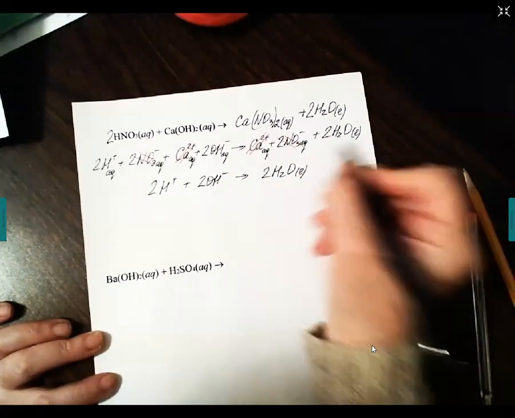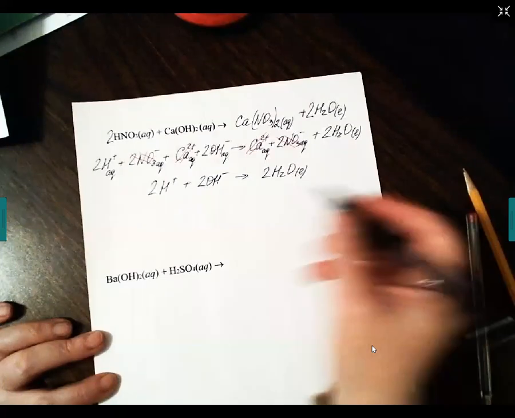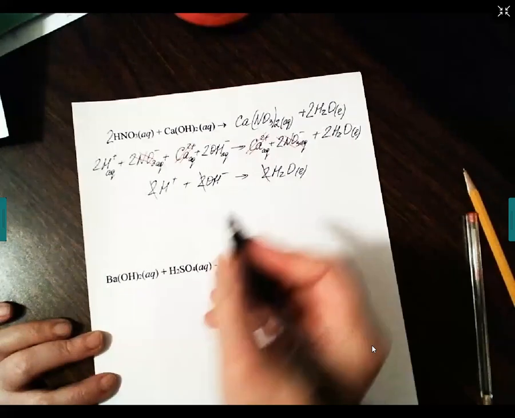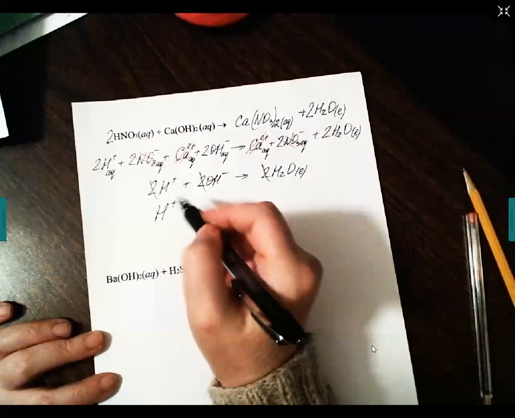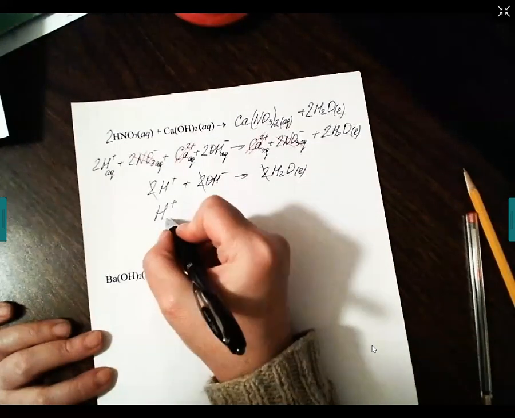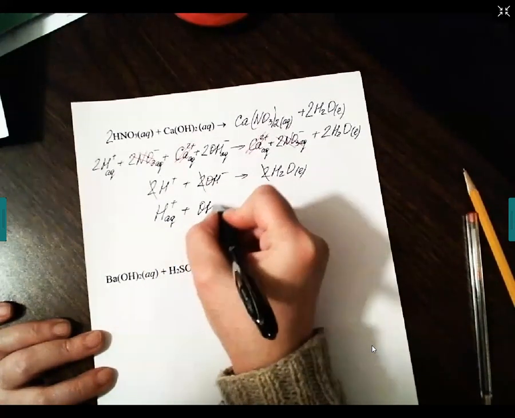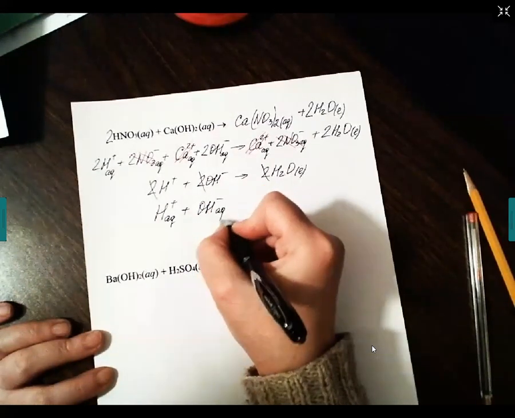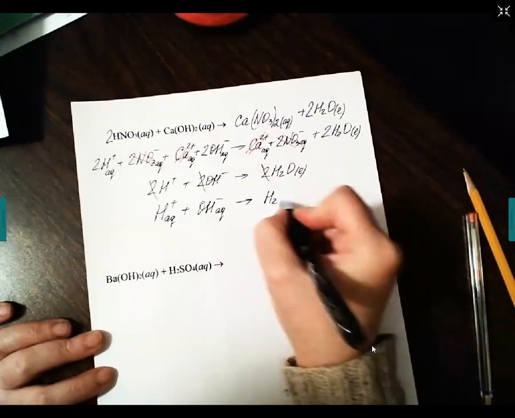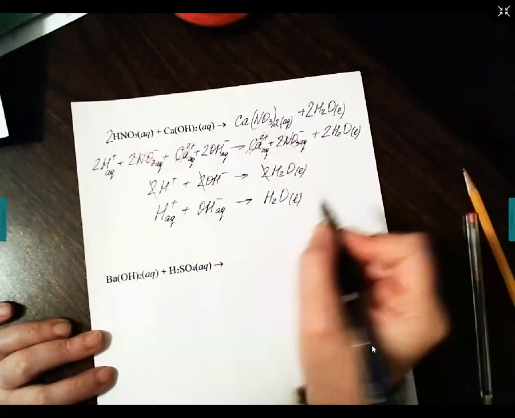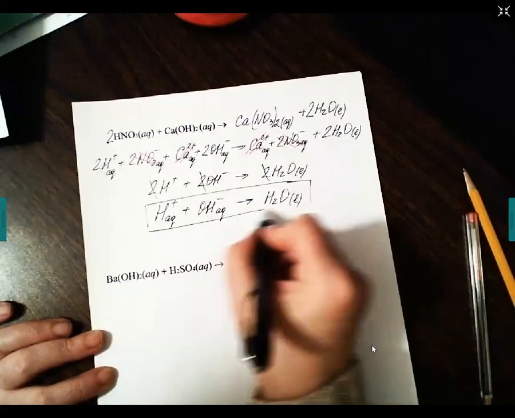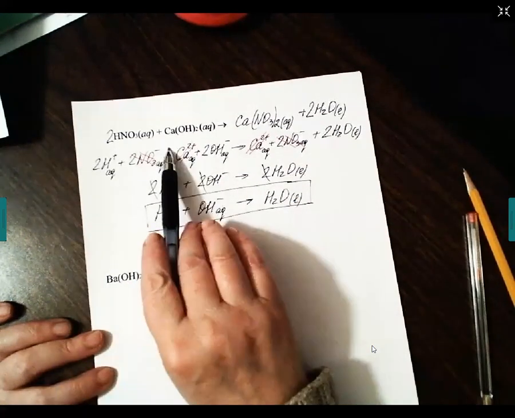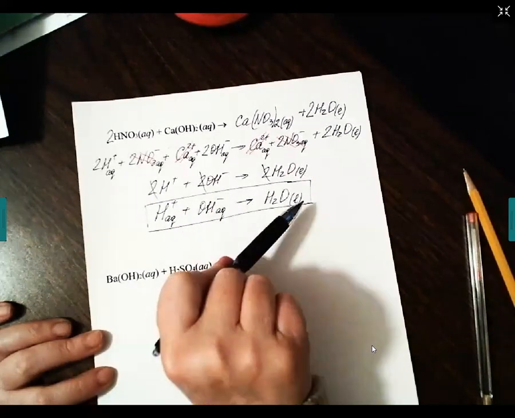But when we look at it, we can see that we can cancel all these 2 coefficients, and our final net ionic for the neutralization reaction is H plus OH minus, and this is formation of liquid water. So the net ionic equation for a neutralization reaction always includes formation of water.